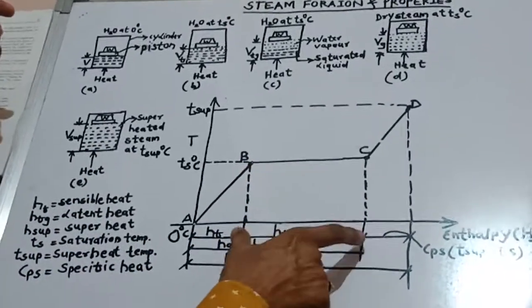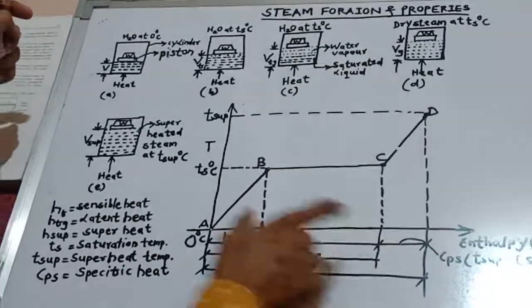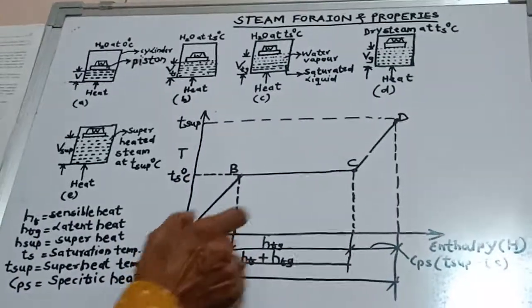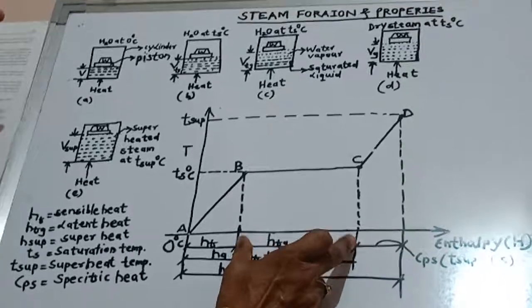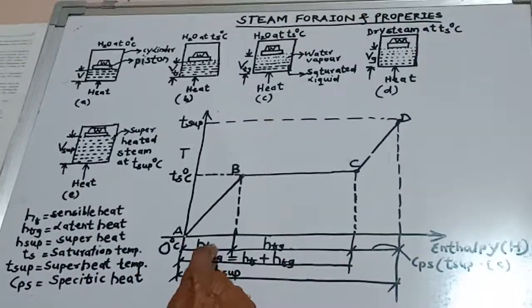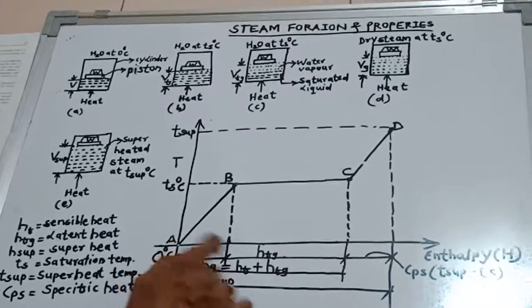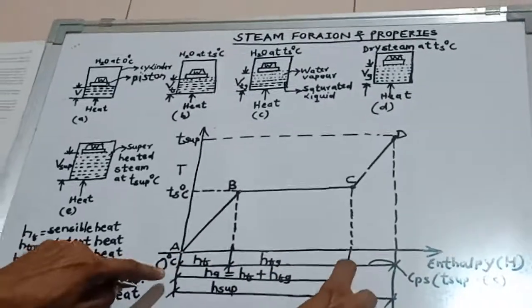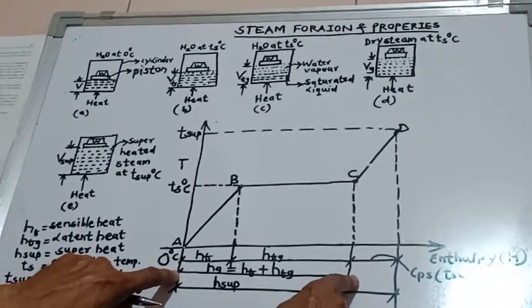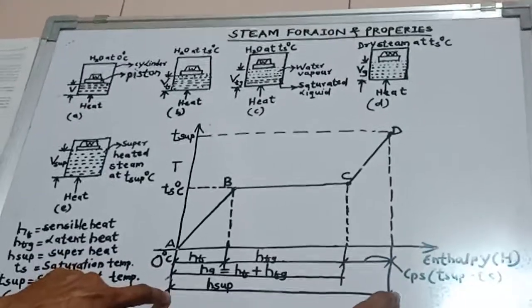Now B to C, this is Hfg, latent heat. This is sensible heat, this is latent heat, and this is superheat. This is Hf, this is Hg, and this is H super.